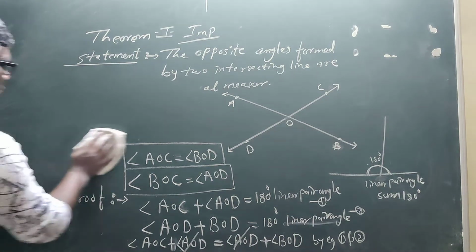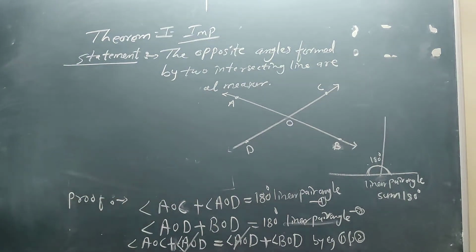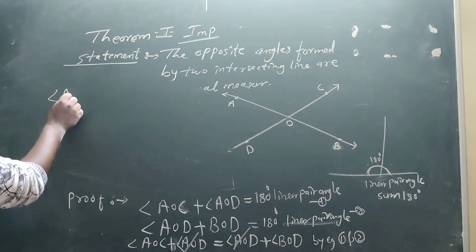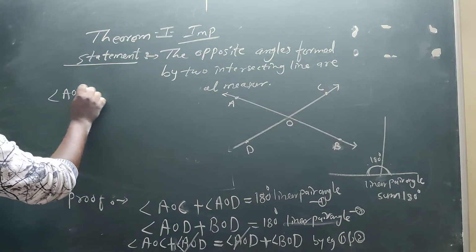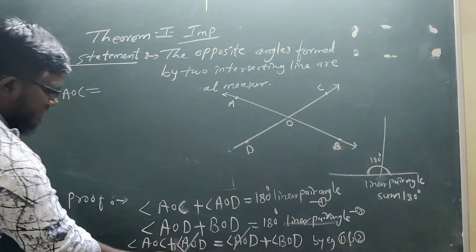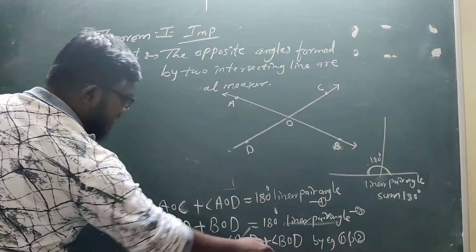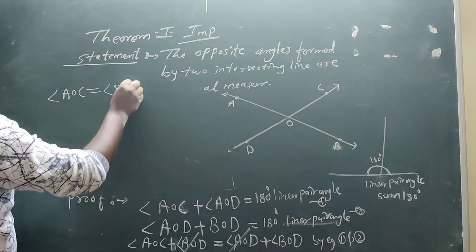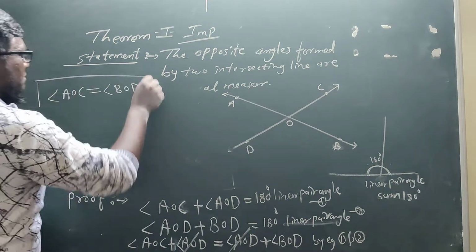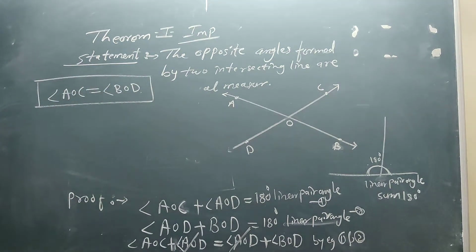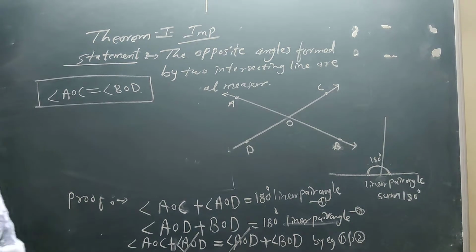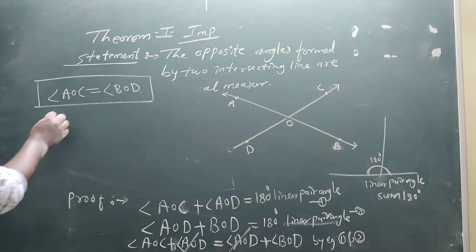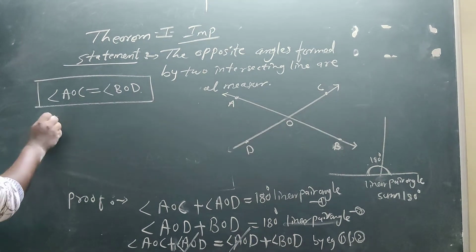We'll write like this. Angle AOC is equal to what is remaining? This AOD gets cancelled, so angle BOD. This we have to prove, and similarly we can prove the other angle.